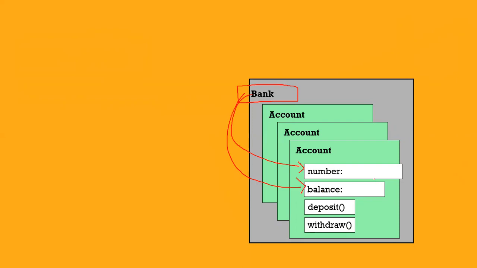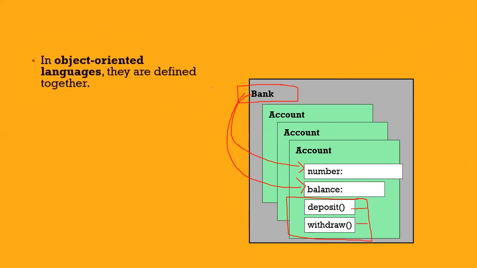And with these two things, we have two basic functions, which are deposit and withdraw. In this way, object-oriented is basically defined.